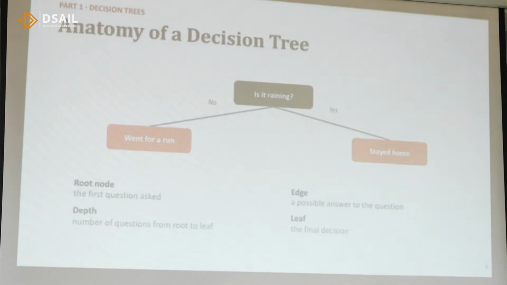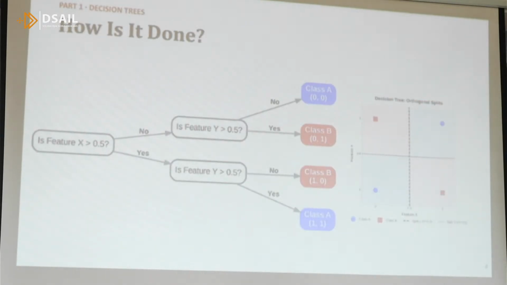Then we have the concept of depth. Depth is the number of questions from the root to the leaf altogether. So let me ask you, what's the depth of this decision tree? 3. 2. Anyone else? Why 3?